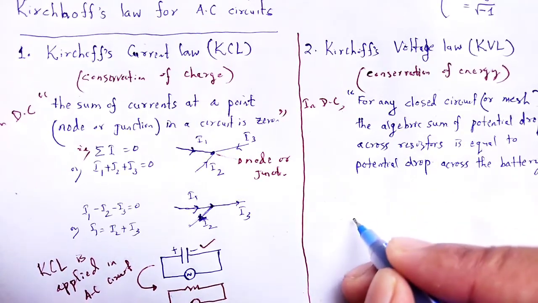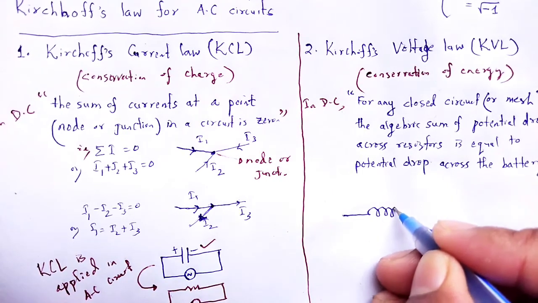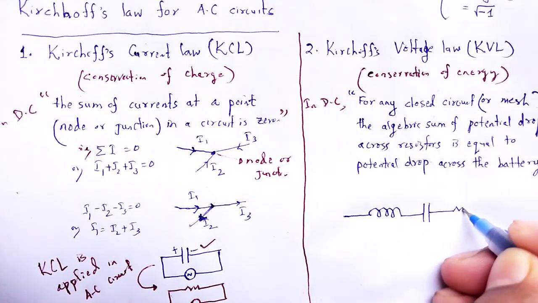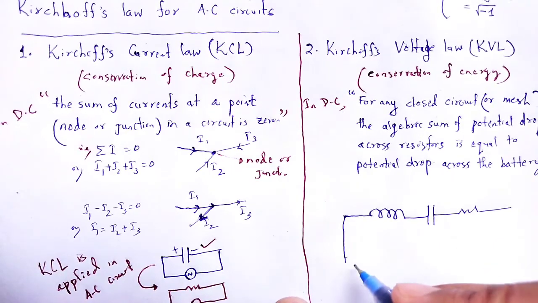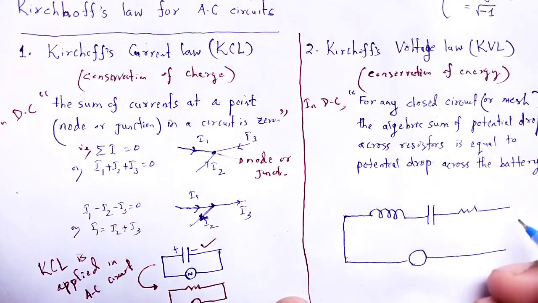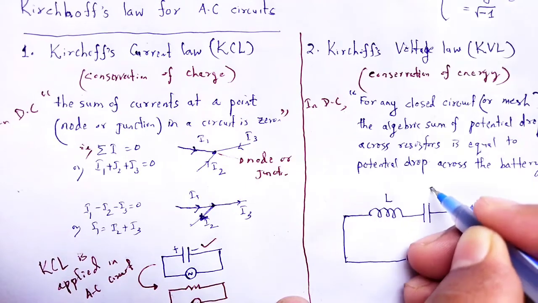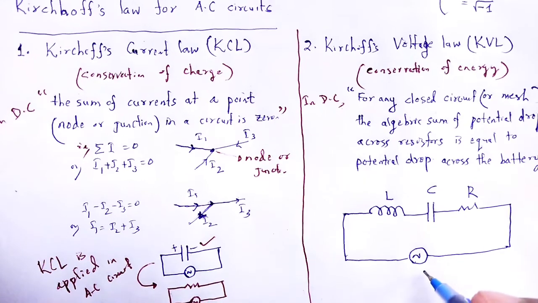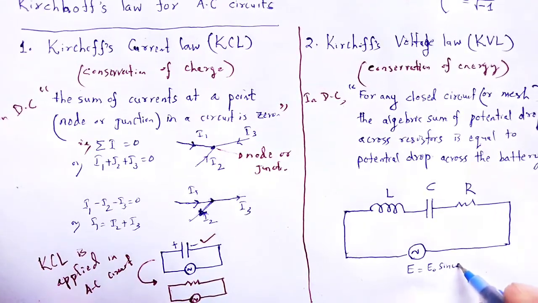If we draw a circuit like this, where an inductor, a capacitor and a resistor are connected in series with an AC source, that is an inductor, that is a capacitor, that is a resistor, and here we apply the EMF E naught sin omega t.